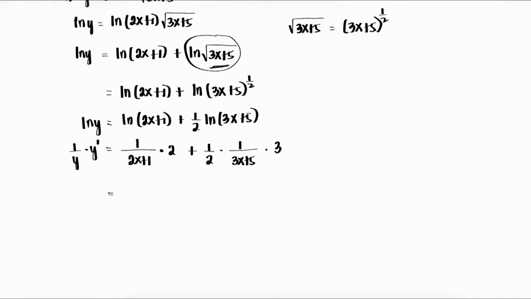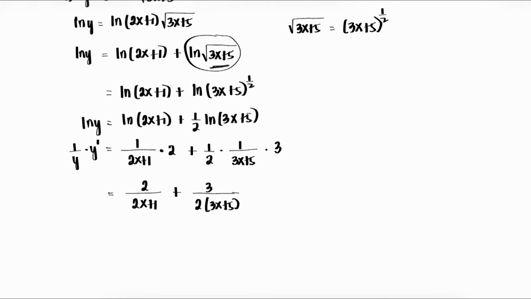Alright, so this is now 2 divided by 2x plus 1 plus 3 divided by 2 times 3x plus 5.